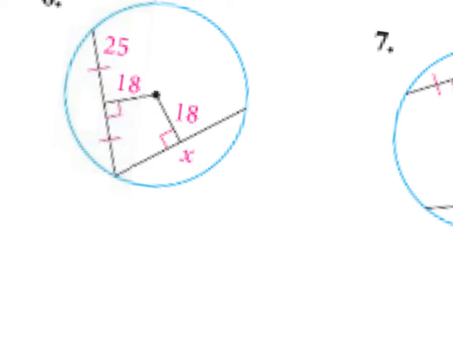And this one, this has to be 25, and these are both 18, 18, so 25, 25, this has to be 50.